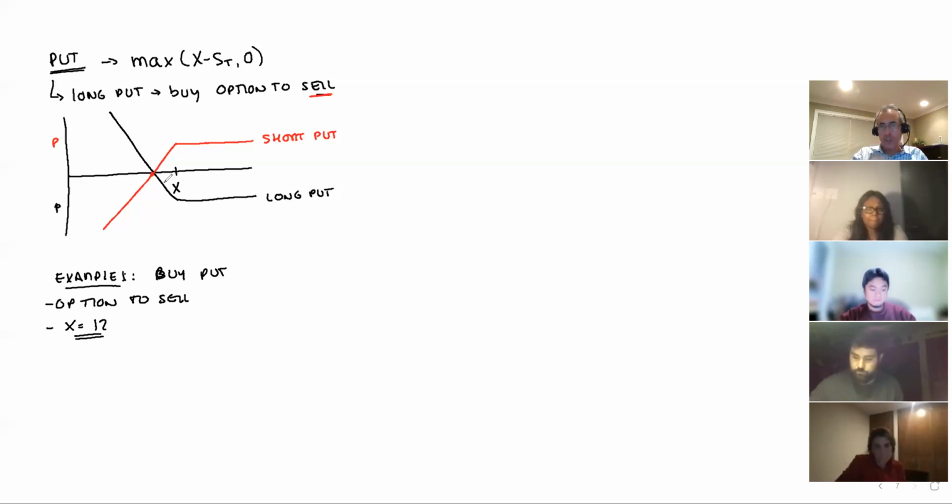So let's do one example. Let's continue this one here. You buy a put, so you are long put, and then you have the option to sell. This is the meaning of that. Now, X equals 12. Let's assume a couple of scenarios again.